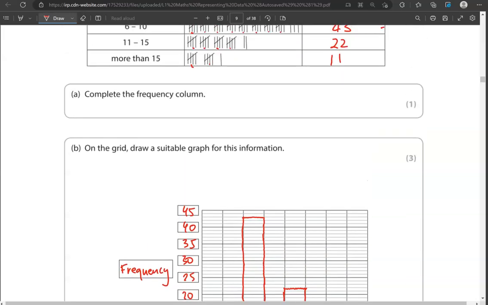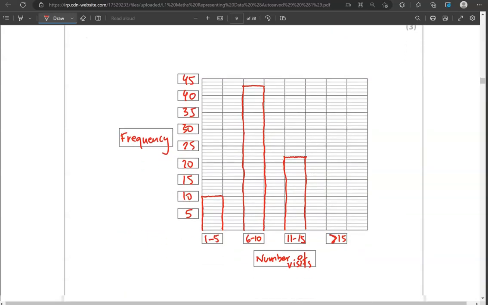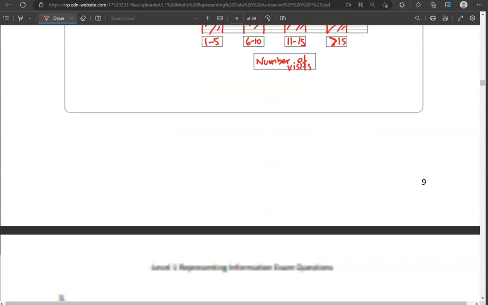Greater than 15 we have 11, so there is 10, 11. Now you can colour the bars in or draw patterns on them, whatever you prefer, or leave them blank. Should all be fine, whichever way you prefer it.